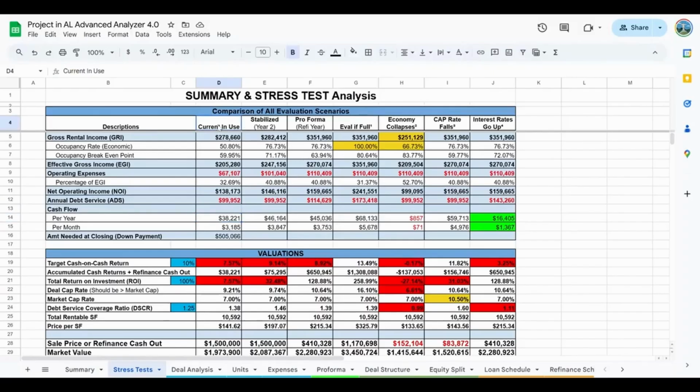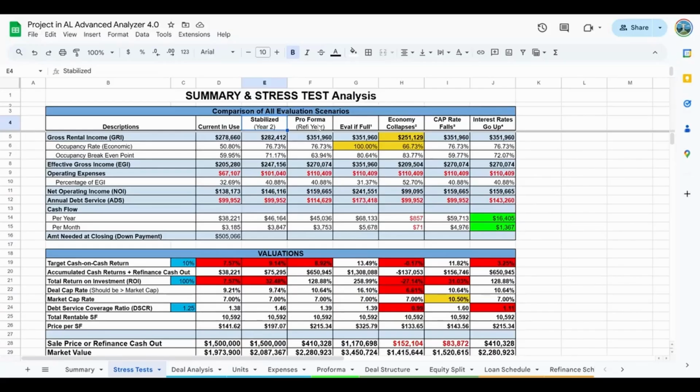All right, the first column here gives you all the numbers that you entered in for how the property is performing currently. And then the second column calculates the stabilized numbers that you entered in, and this is based off year 2.